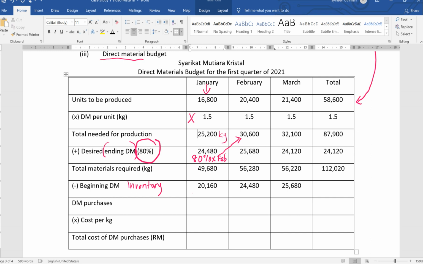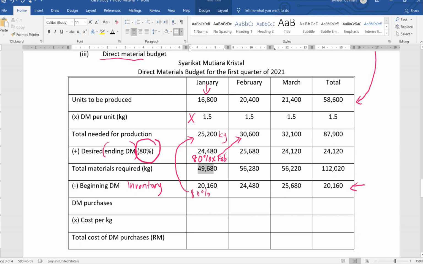Okay, so this is actually 80% daripada sini. Okay, sebab dia adalah ending inventory December, so automatically dia akan jadi beginning inventory untuk January. So dekat sini I will write my beginning inventory, which is yang kita kira ni tadilah 20,160. Okay, alright.